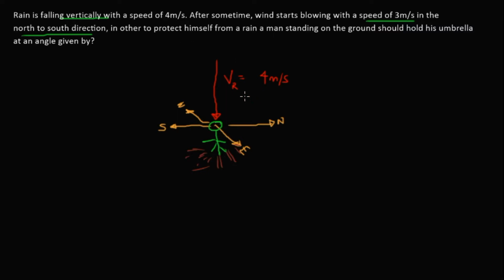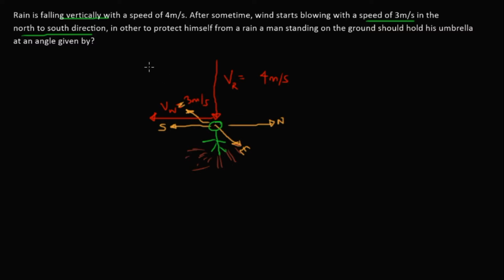If the wind blows from the north to the south direction, we should have something of this nature. The wind blowing in this direction with the velocity of 3 meters per second. And then what direction will the man set the umbrella in order to protect himself?